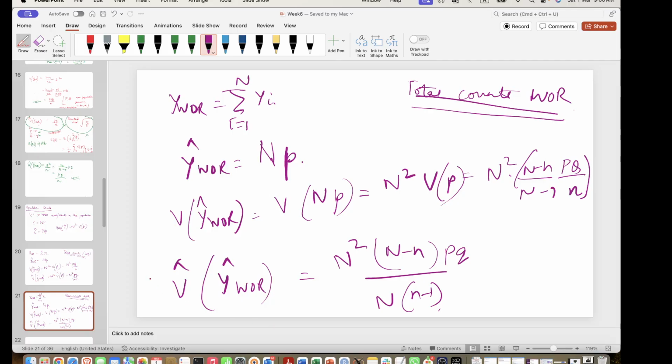So this will be N into N minus n PQ by small n minus 1.